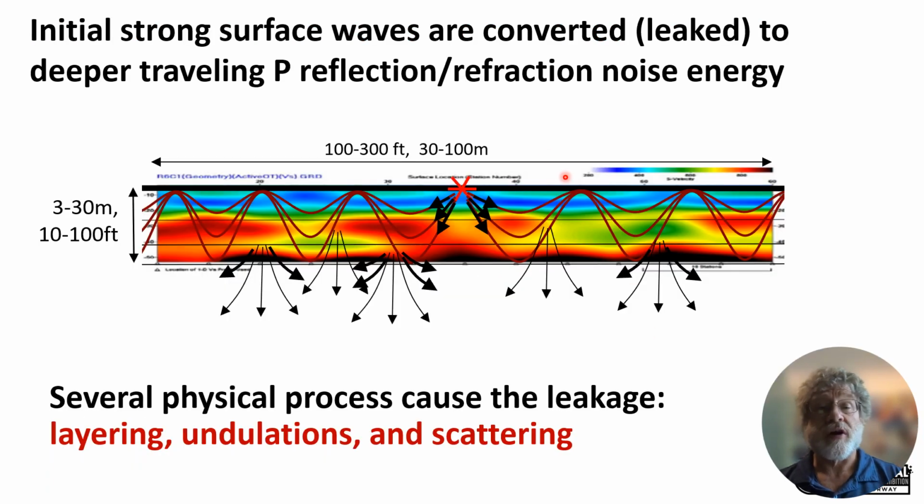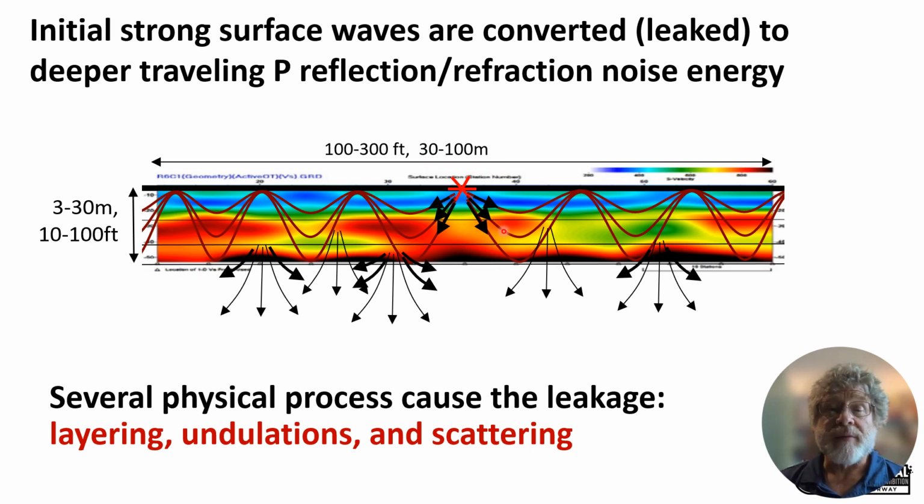Here's a cartoon demonstration of what's happening. These wavy lines here represent surface waves. Notice the scale here. This is very much the very near surface, 3 to 30 meters, 30 to 100 meters, maybe 200 meters.